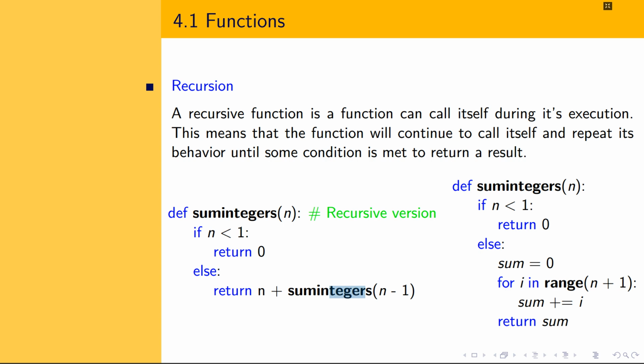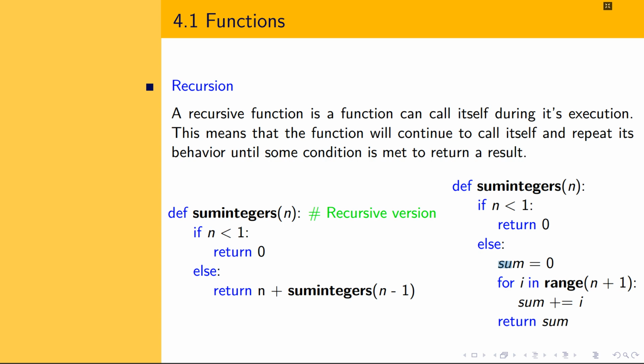And you can do the same thing with a for loop, right? You don't need the recursion here. You check the same thing: if n is smaller than 1, return 0, and then you set a variable sum to compute the sum.